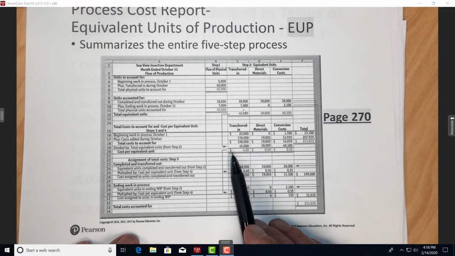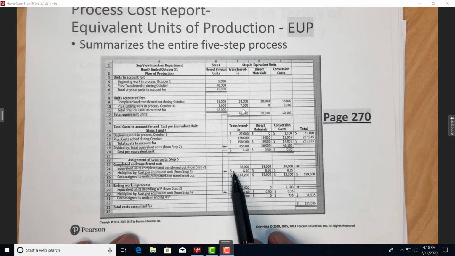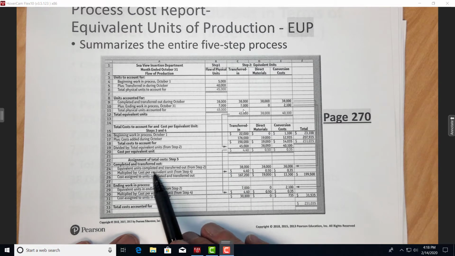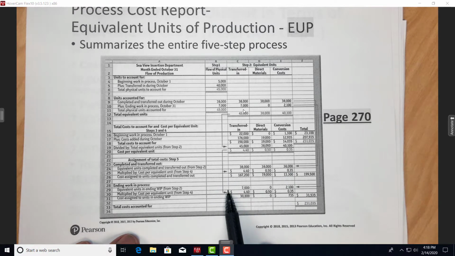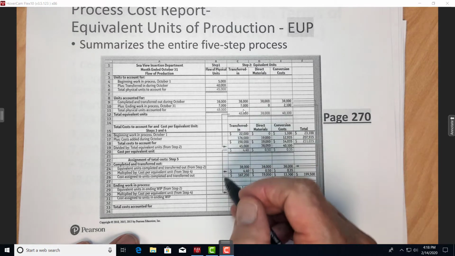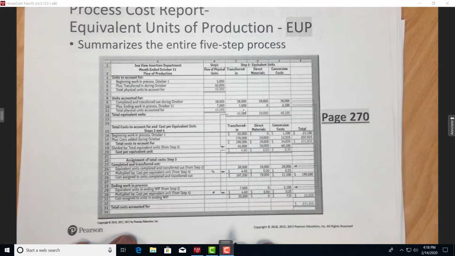These costs per equivalent unit then come down here to be multiplied by the cost per equivalent unit. And then finally, the ending work in process is brought down. So do remember that this is brought down and equals the same.